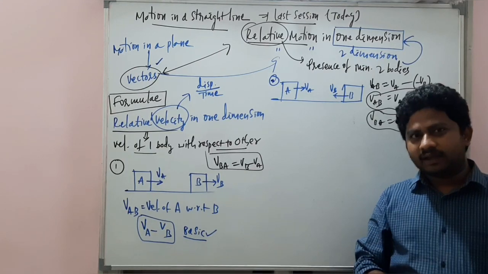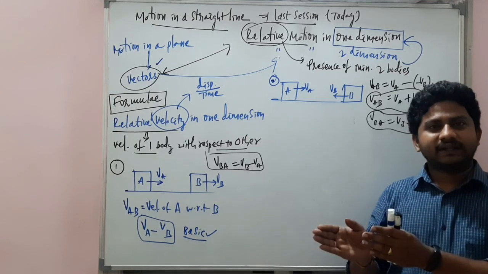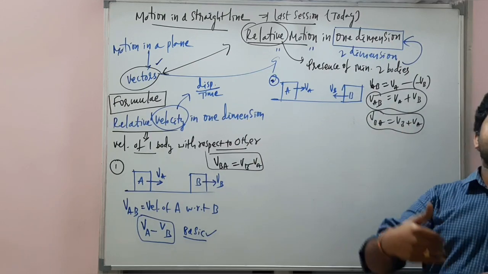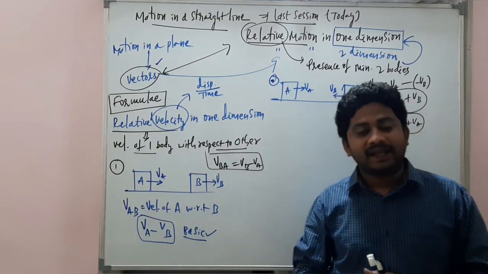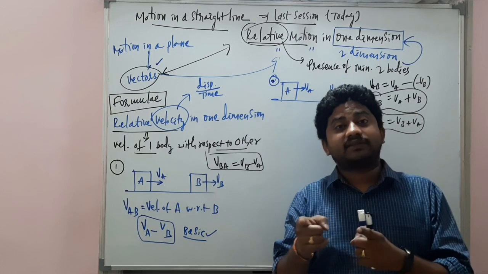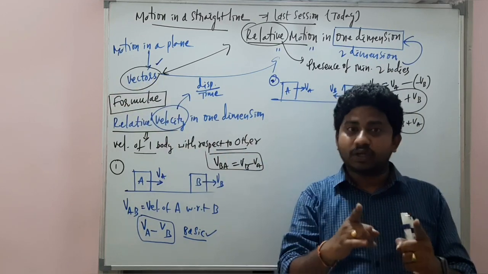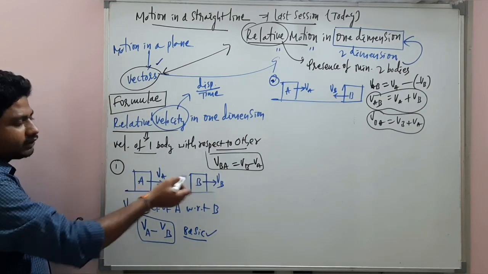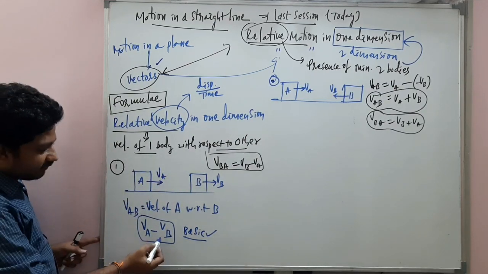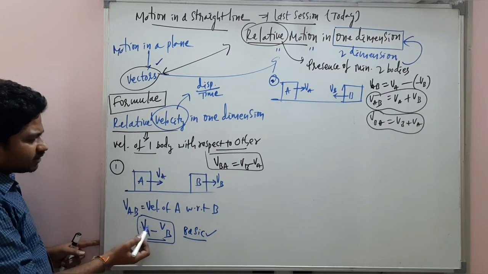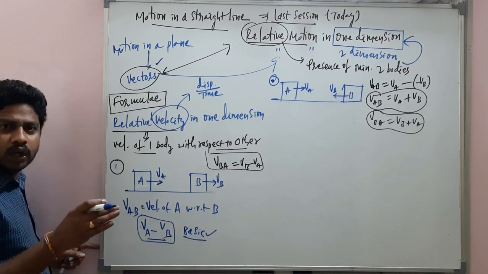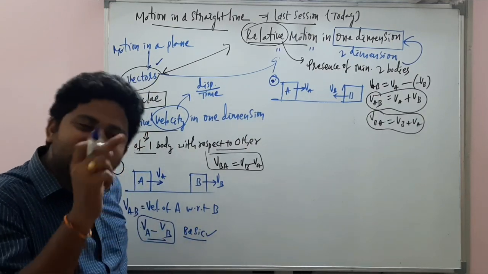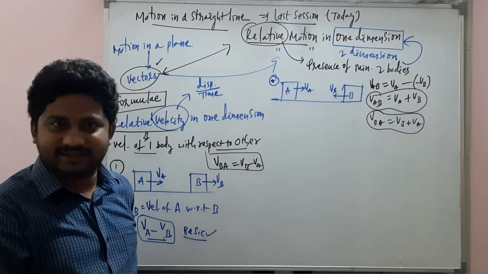In the same way, reverse the situation. You are moving in a train, and imagine beside your train there is another train coming in the opposite direction. In this case, you will definitely feel that the other train is moving so fast. When both trains are moving in the same direction, the relative velocity is subtraction: your velocity minus the other velocity. So you will see the other train moving with lesser speed than it actually has.